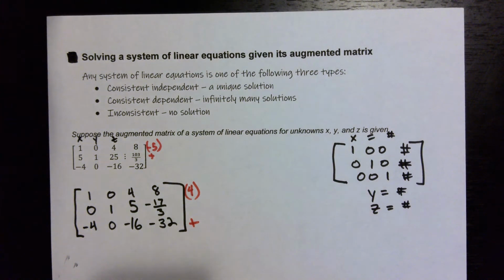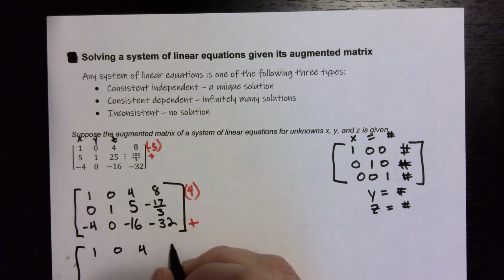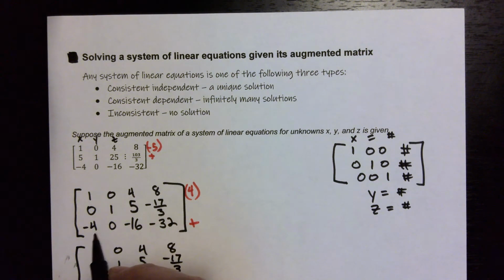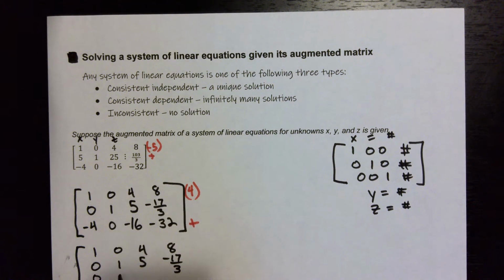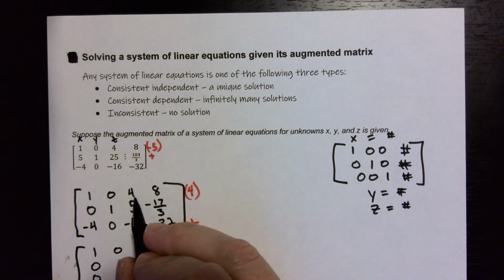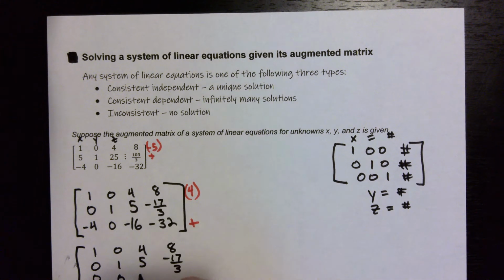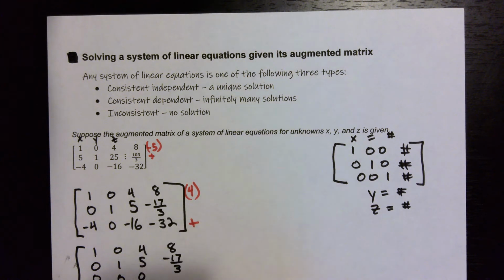The first and second rows are not going to change, so you still have 1, 0, 4, 8, and 0, 1, 5, -17 over 3. Then you multiply 4 times 1 and add: 4 plus -4 is 0. 4 times 0 is 0, plus 0 is 0. 4 times 4 is 16, and 16 plus -16 is 0. And 4 times 8 is 32, and 32 minus 32 is 0.